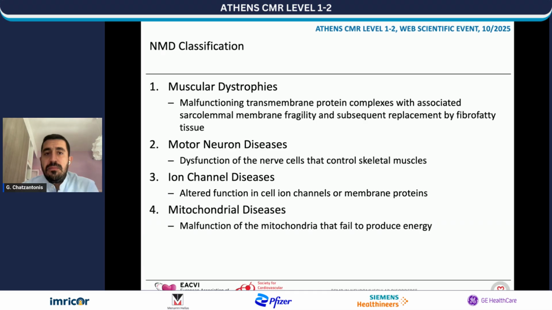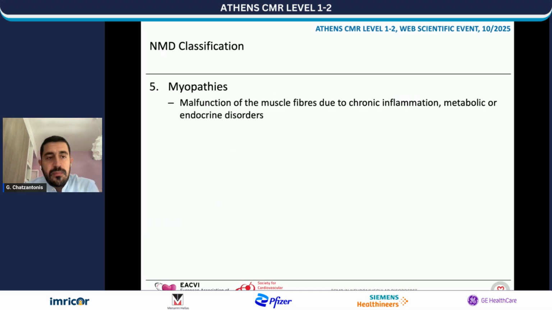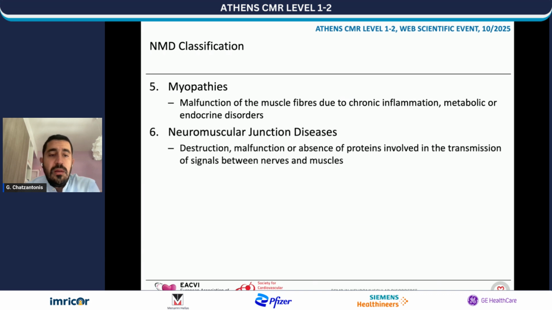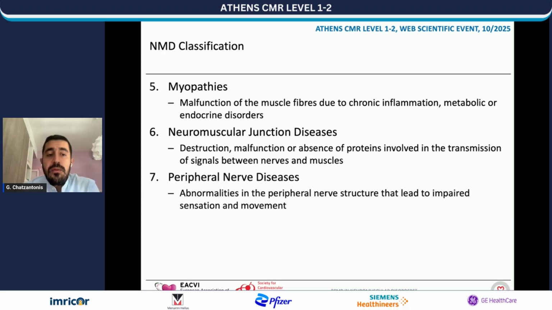Mitochondrial diseases, malfunction of the mitochondria that fail to produce energy. Myopathies, malfunctions of the muscle fibers due to chronic inflammation, metabolic or endocrine disorders, as we will see. And neuromuscular junction diseases, that is the destruction, malfunction, or absence of proteins involved in the transmission of signals between nerves and muscles. And peripheral nerve diseases, that is abnormalities in the peripheral nerve structure that lead to impaired sensation of movement.